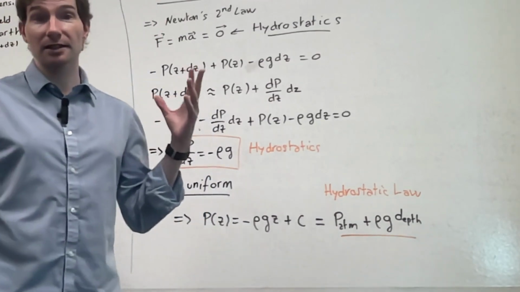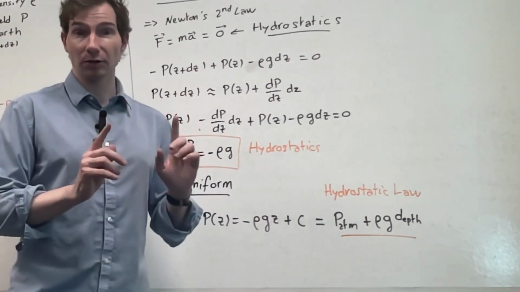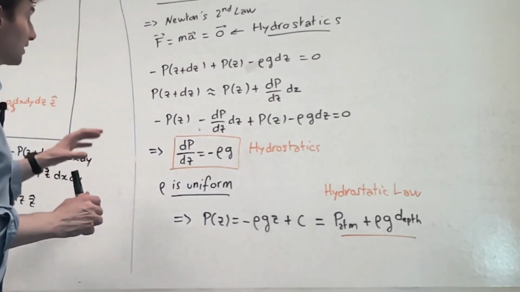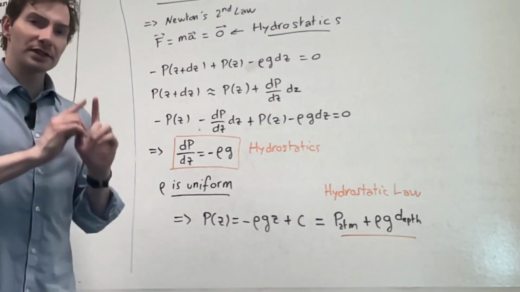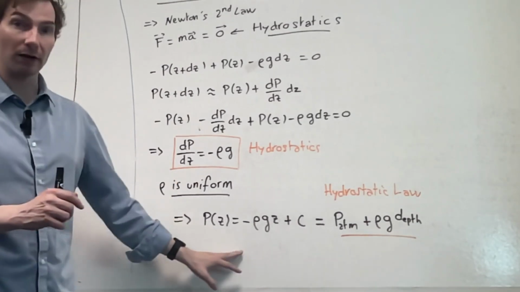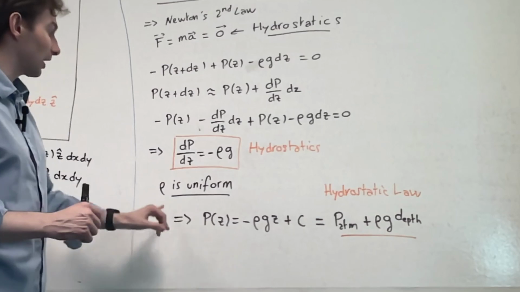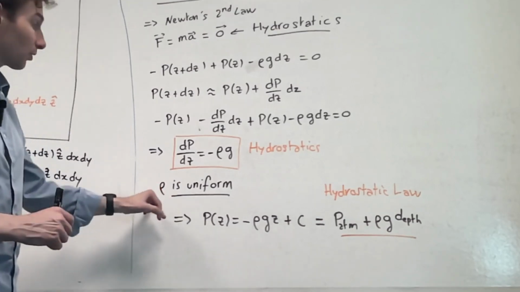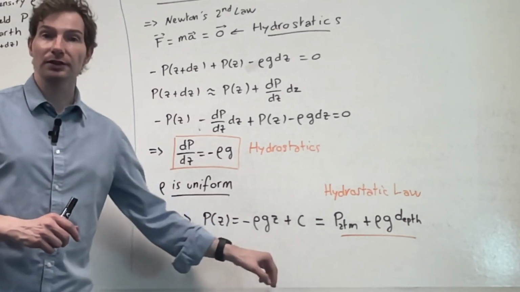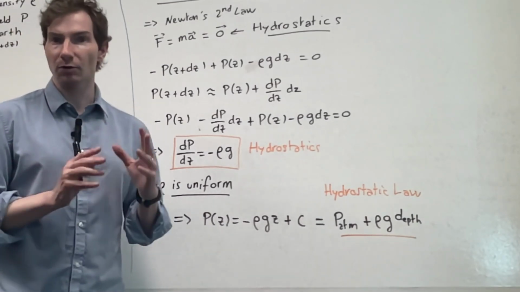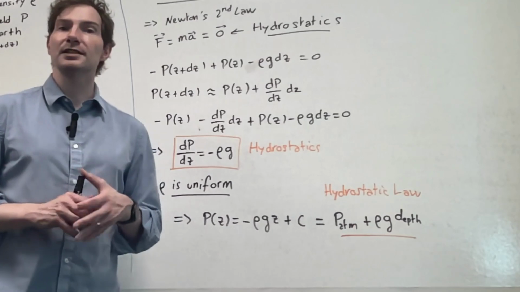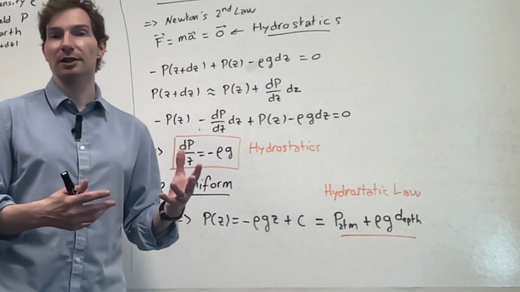Now, that's it for today. The only thing I'm going to mention here is that this is fine. What is less fine, and that you find everywhere, is this step where you imagine that rho is uniform and then you integrate. The reason why this is conceptually weird is because it's inconsistent with thermodynamics.